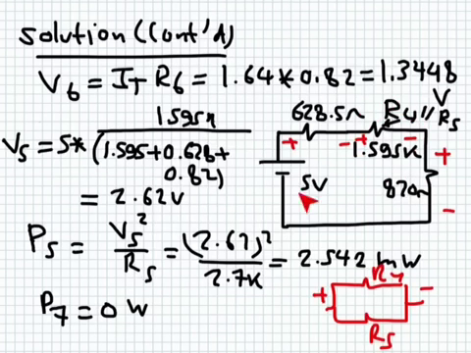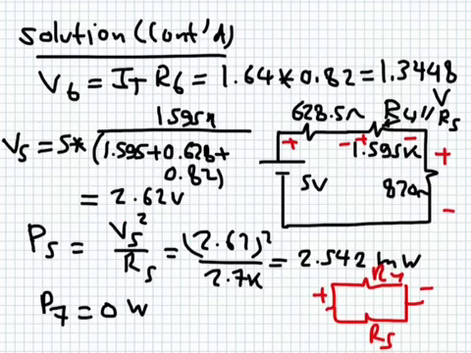So it is 5 volts multiplying this resistance divided by this resistance plus this one. It's a voltage division. So here you have to understand that I'm making a voltage division between this resistance and the series combination of 820 ohm and 628 ohm. If you do that, you end up with V5 equal 2.62 volts.